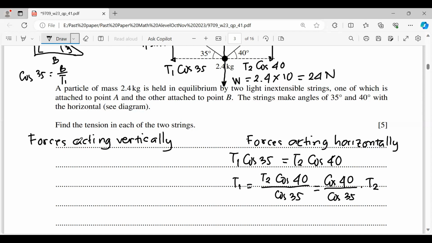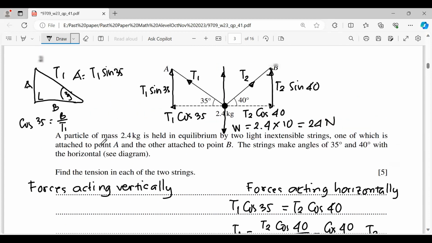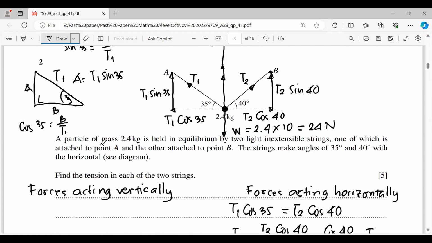Now, all forces acting vertically are T1 sine 35 and T2 sine 40 upwards, as well as the weight downwards.